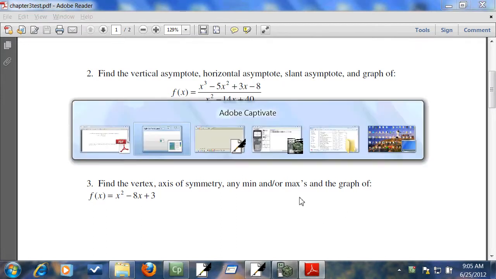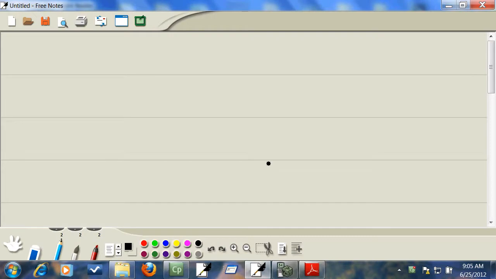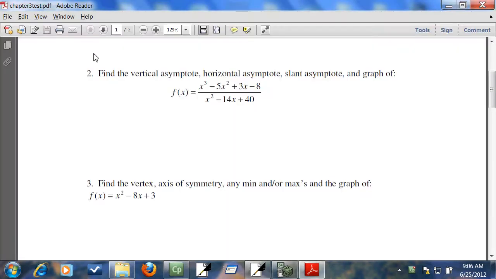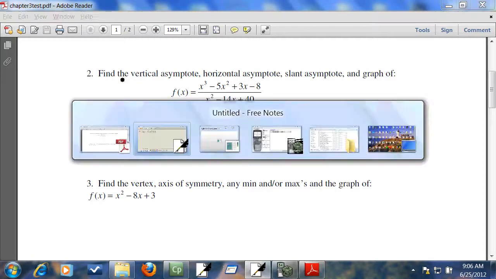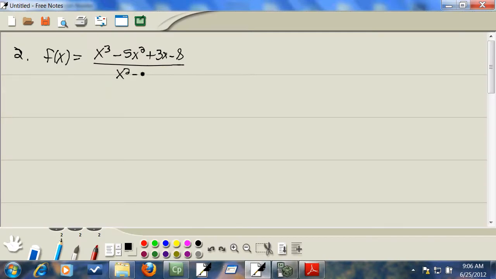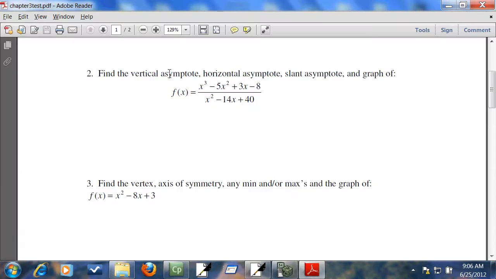So let's see, we've got f of x equals x to the third minus 5x squared plus 3x minus 8 over x squared minus 14x plus 40.